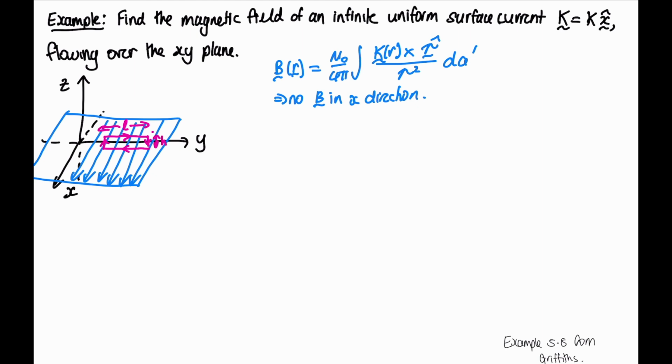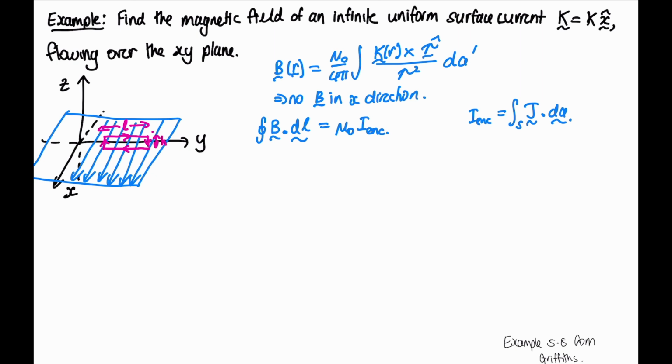Okay, so Ampere's law tells us that the integral around this loop of B dot dl is equal to mu naught I enclosed. And we can work out I enclosed because we've got a surface current density. We've seen when we have a volume current density that the enclosed current is equal to the integral over the surface of the volume current density dA.